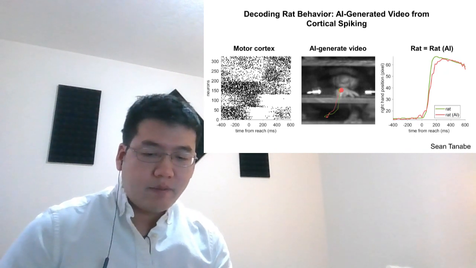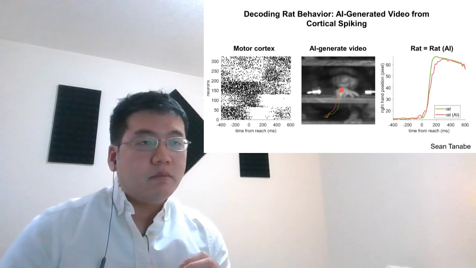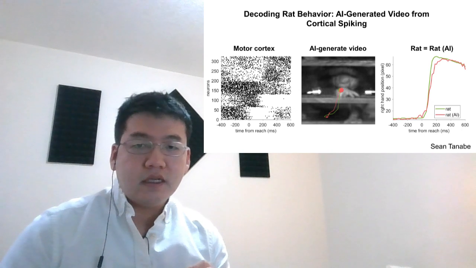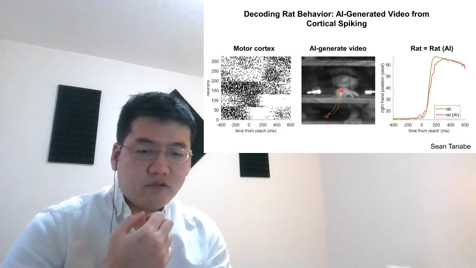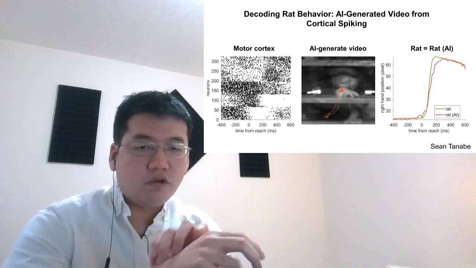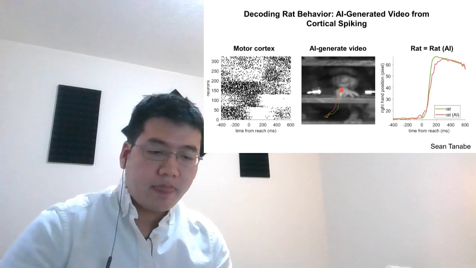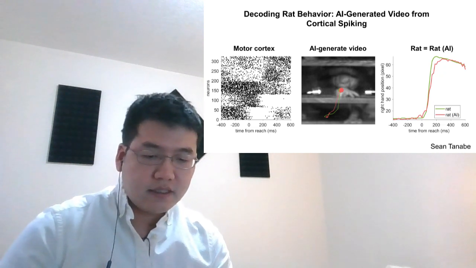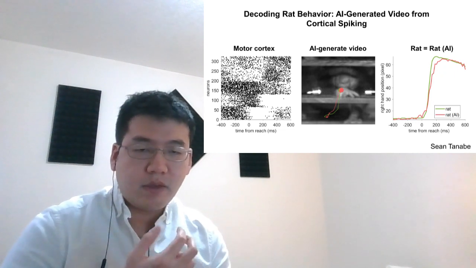Where this is mostly applicable is in industry, where companies try to restore motion-impaired patients' movements by tracking limbs, with many limb trackers on their body, and trying to recreate those positions through their motor cortical spikes. But a limitation in this is that those spikes might not have the full context of what the patients are doing.